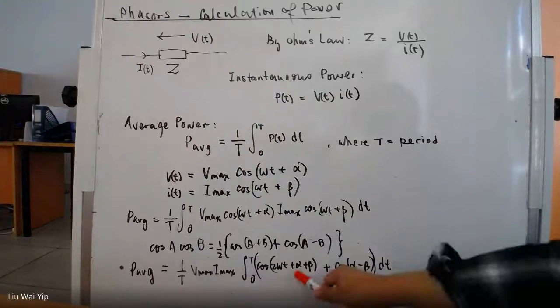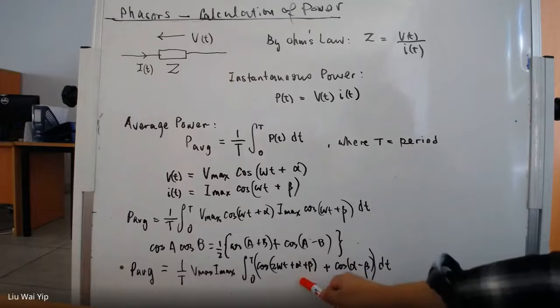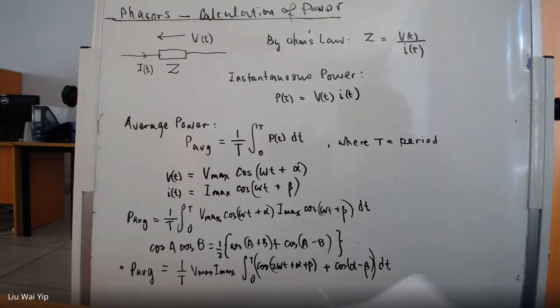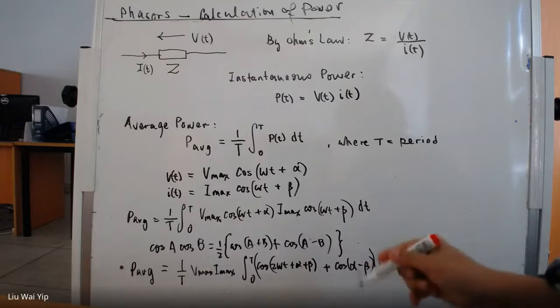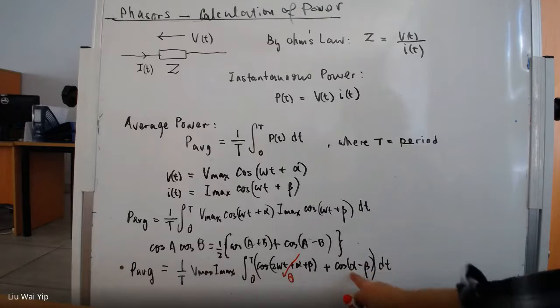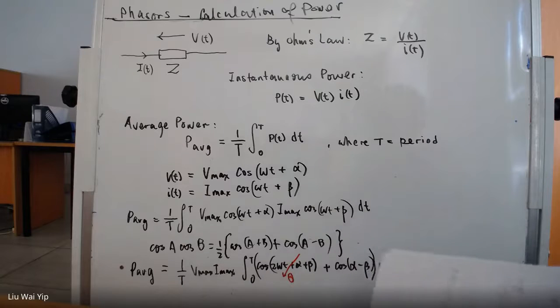Because this term is a sinusoidal term, and it's a periodic term, so the integral of any periodic term will be 0. So this one is going to be 0. So the only term that is left is this term, which is independent of omega t.